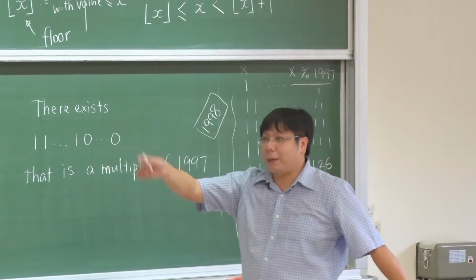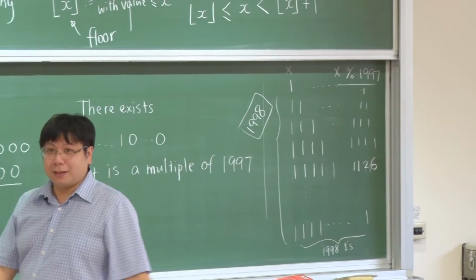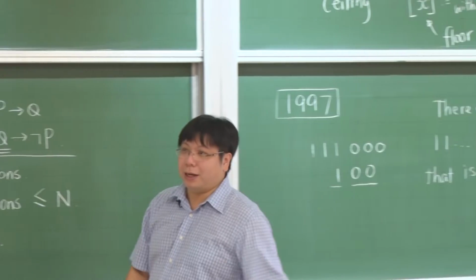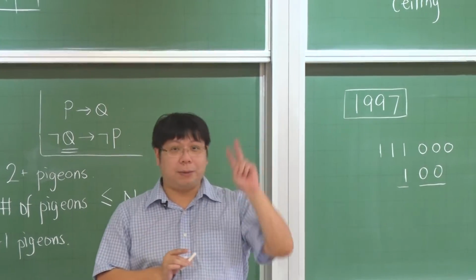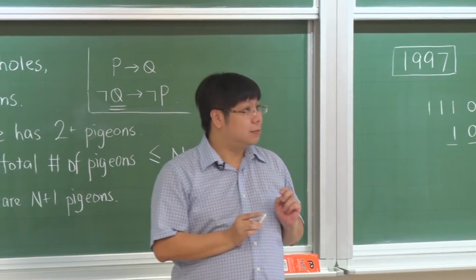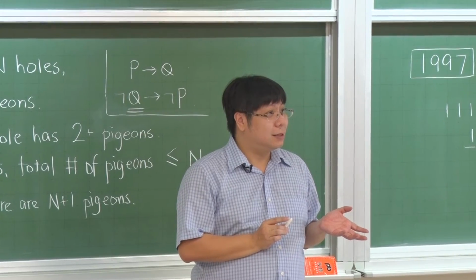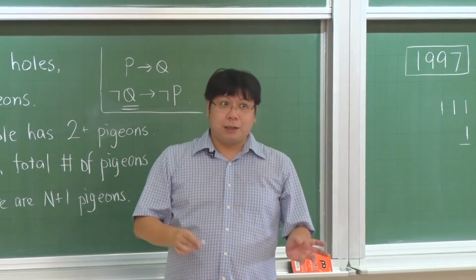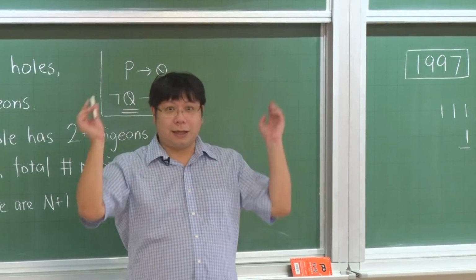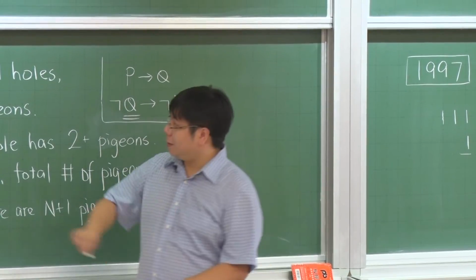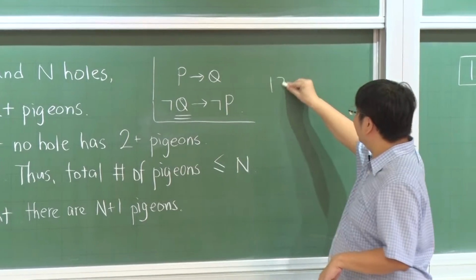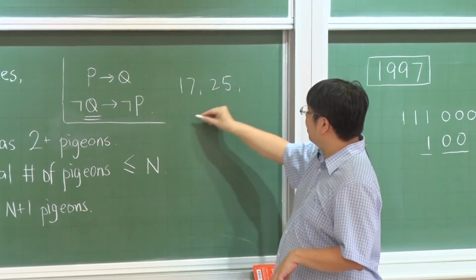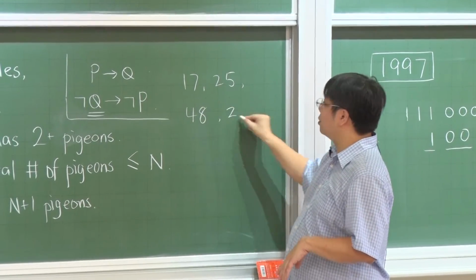Okay, think about this. If you pick any 4 numbers, you divide them by 3 and take the remainder, then 2 of them have the same remainder. Does that make sense? Let's say you pick 17, 25, 48, and 2.